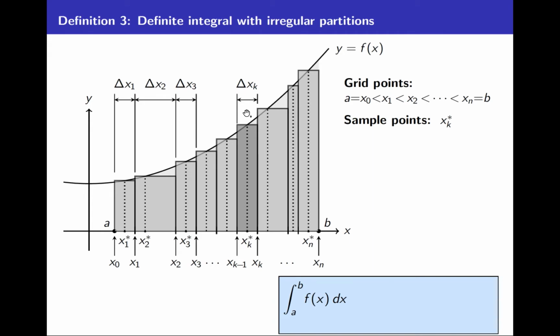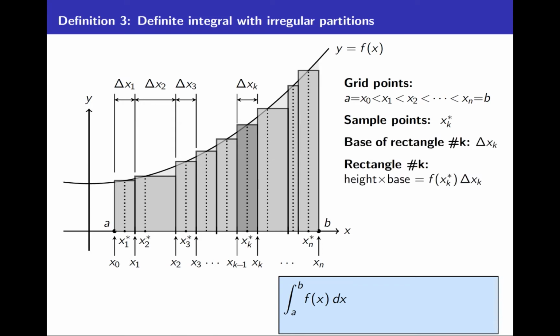In general, the kth rectangle, its base is going to be denoted by delta x sub k. Now for each rectangle, we have a height times a base, which according to the setup here would be f of x sub k star, f of that kth sample point, that's the height of the rectangle, times the base, delta x sub k.